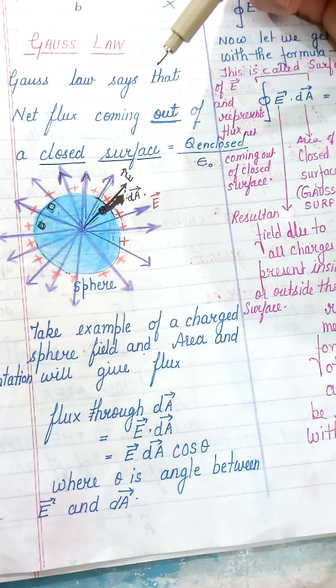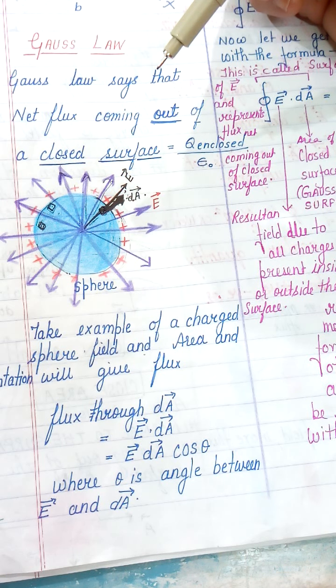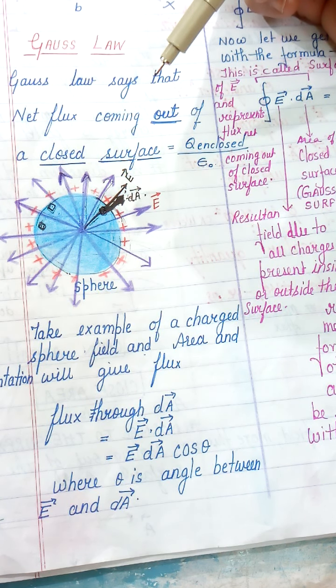Because we want to calculate the electric field using Gauss law. So why not Coulomb's law? Why are we interested in using Gauss law to calculate electric field? Because Gauss law makes the calculation of electric field simple. We will see it in different examples.